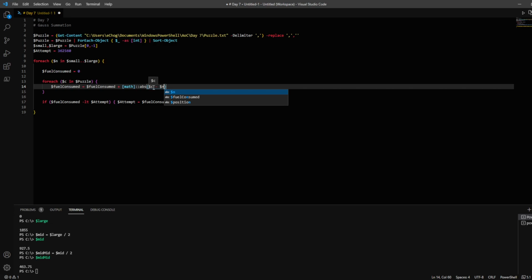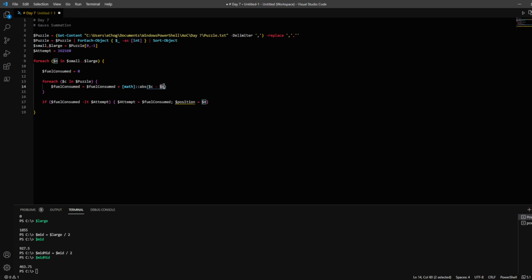I don't want a negative number because I only need to know how many positions it had to move to get to this spot. So it's always going to be a positive number, because it's just the number of positions the crab had to move.